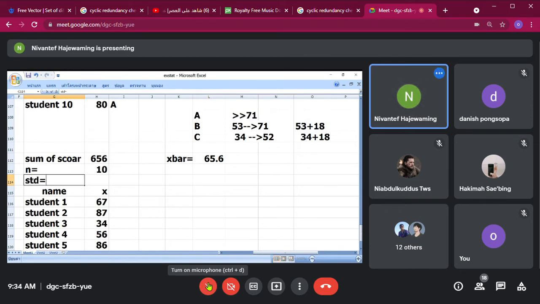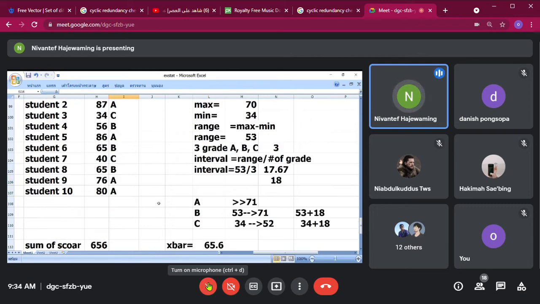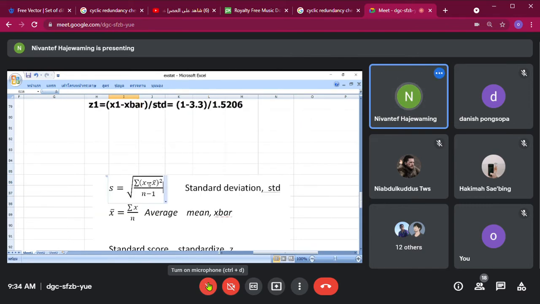STD, standard deviation, you must find X minus X bar squared, the first.